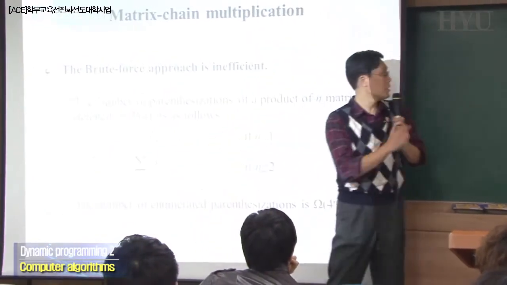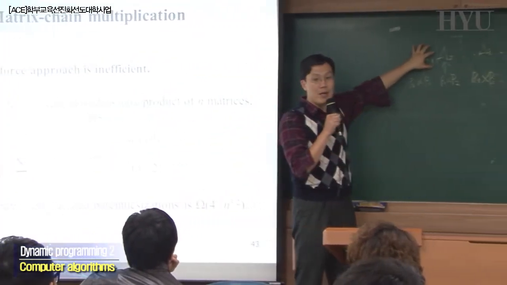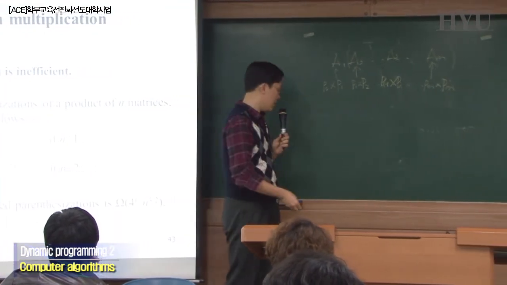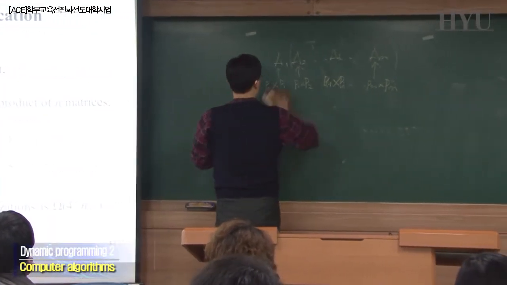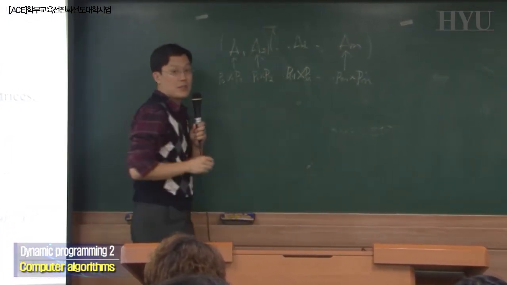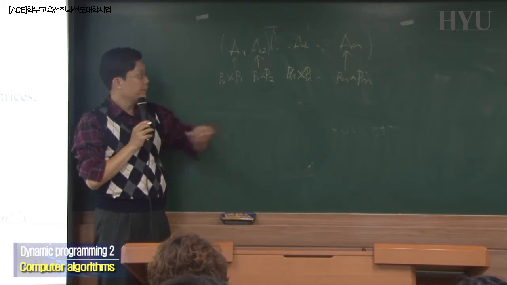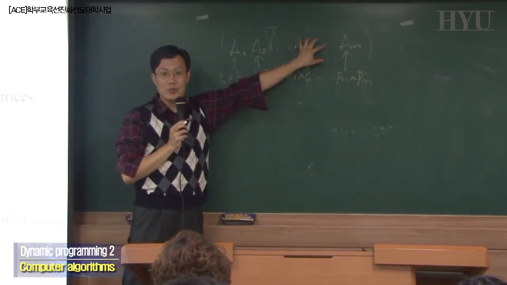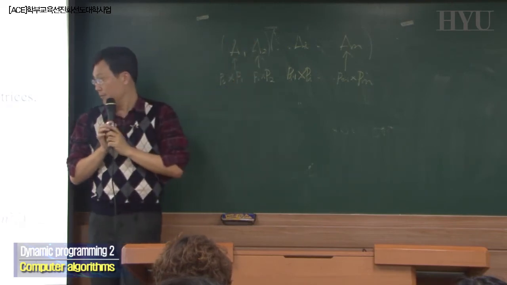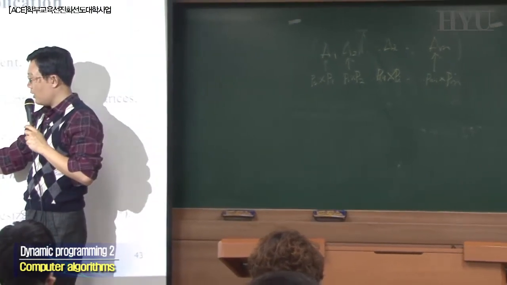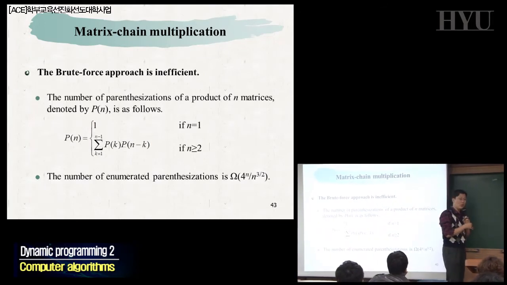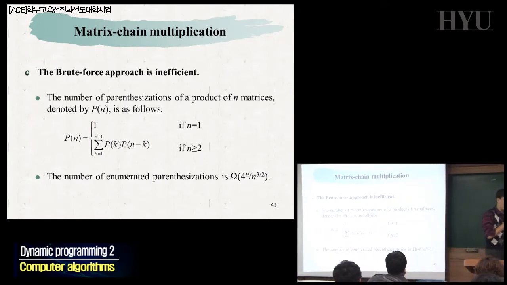And P1 is the number of possible parenthesizations of this. And when k is 2, it is this. N minus 2 and 2. So the k runs from 1 to n minus 1. So we enumerate every case.